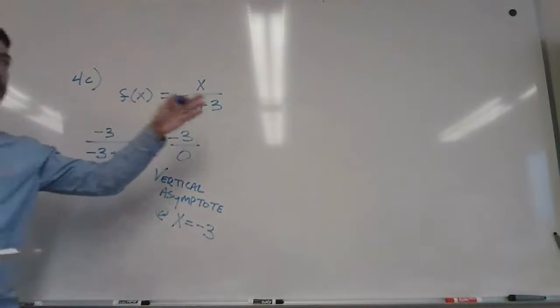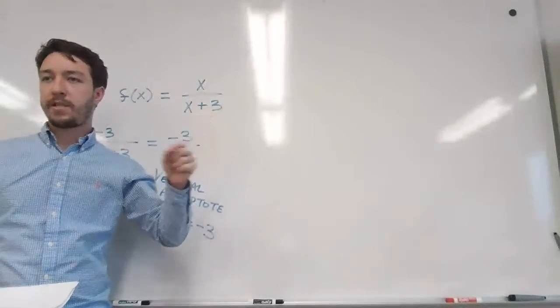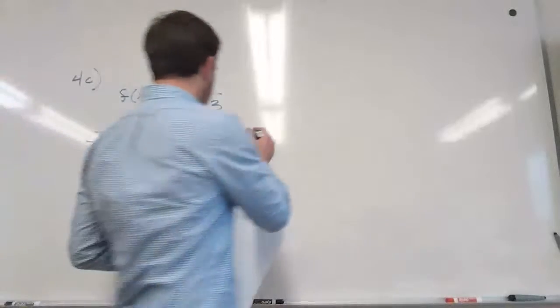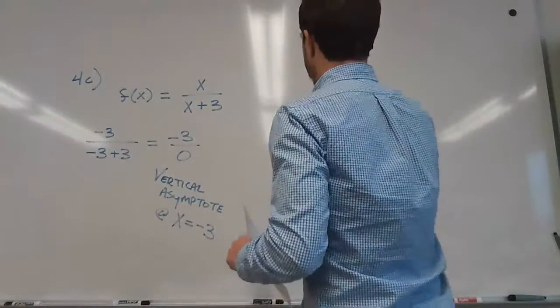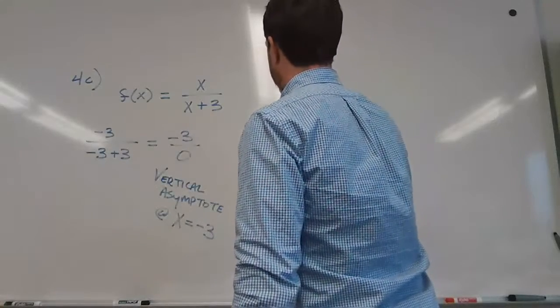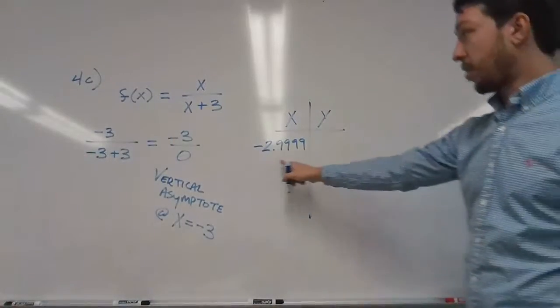Well, remember a few minutes ago I was showing how plugging in a number really close to the forbidden value gets a huge number. Watch what happens here. Let's say I plugged in -2.9999, really close to -3.